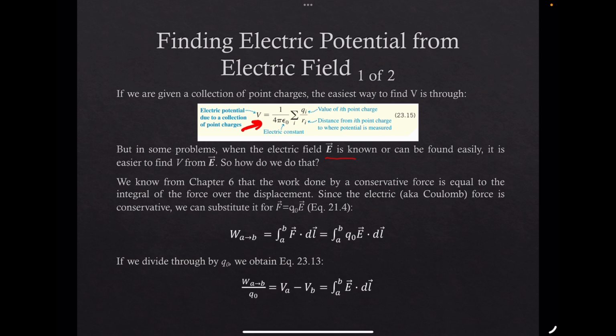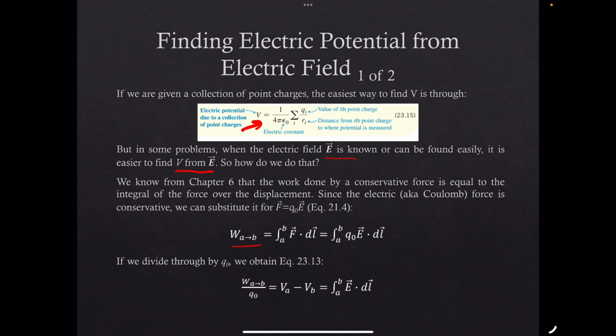And so what I want to do is show you the connection between potential and electric field. In order to elucidate that connection, we're going to start with the work done, okay?